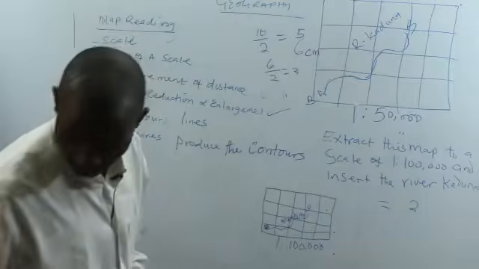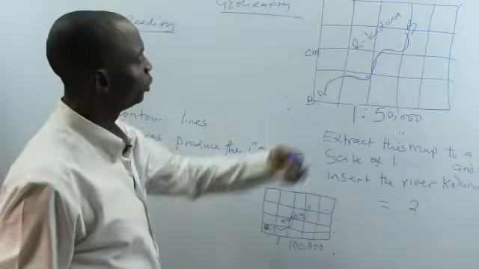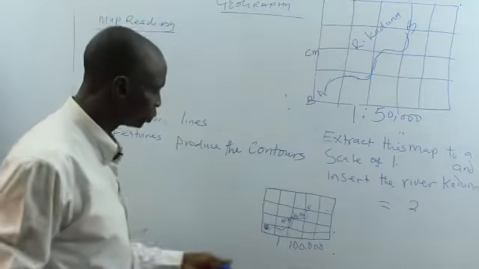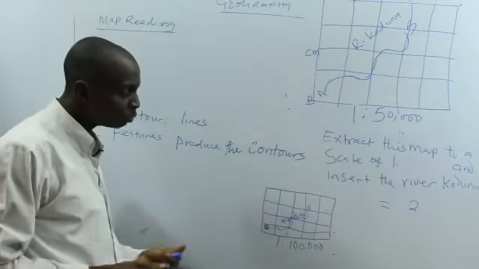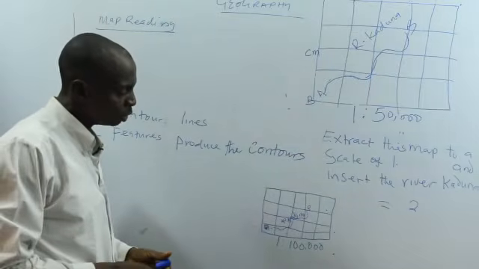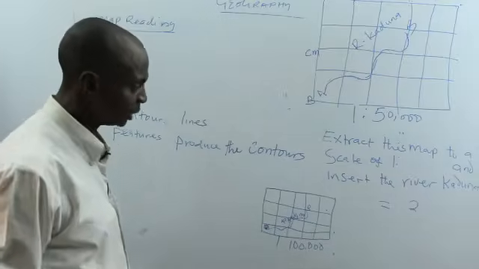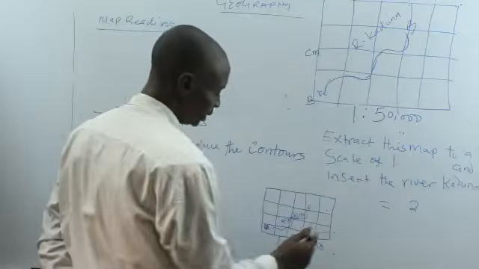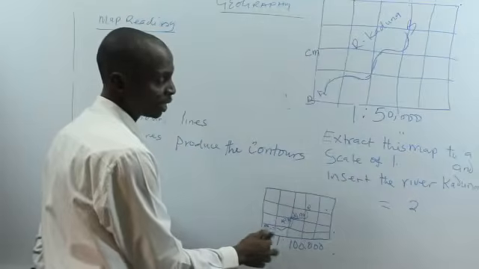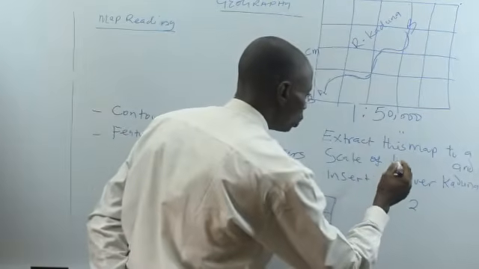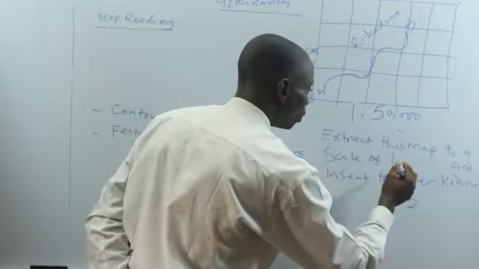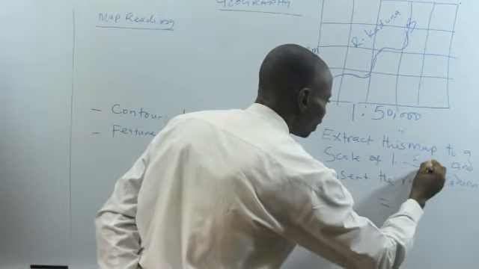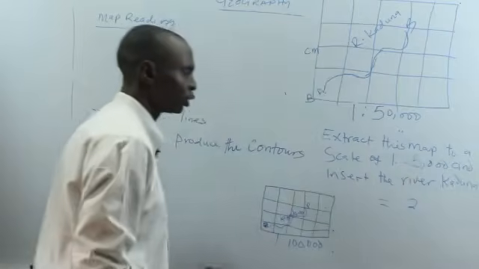Then let's move ahead to contour lines. But let me use our new map now and give you this map to enlarge. Extract this map here, 1 is to 100,000, to a scale of 1 is to 25,000 as your assignment.